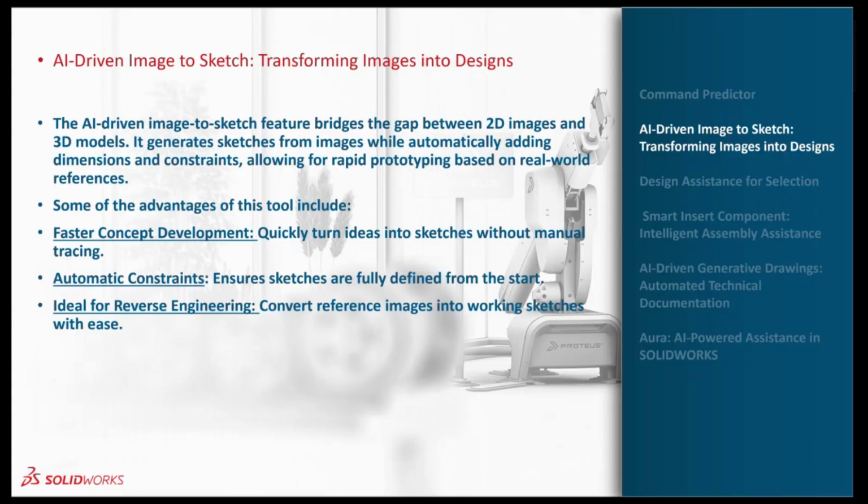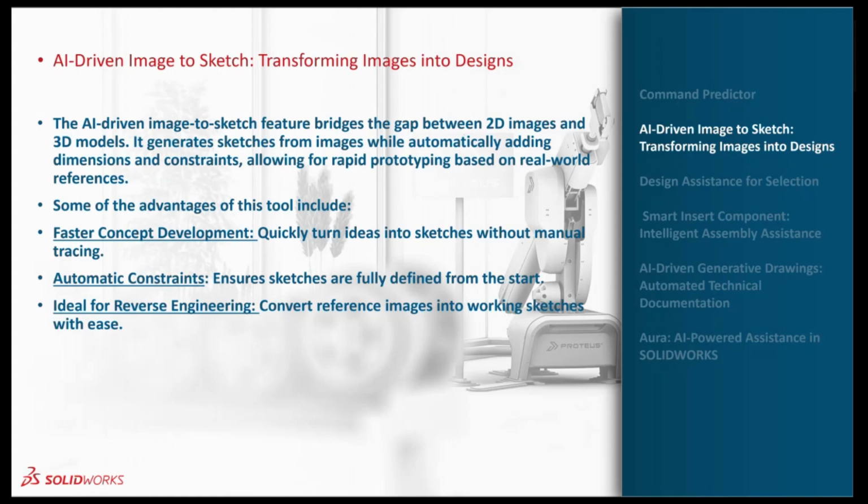Normally, we have the image to sketch option in earlier versions of SolidWorks also, but it is restricted to simple geometry tracing. Again, we have to do manual tracing individually, and then we have to club everything and use that sketch.